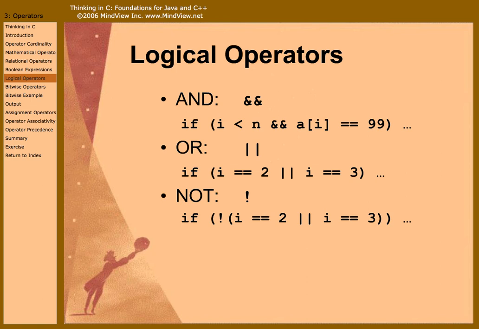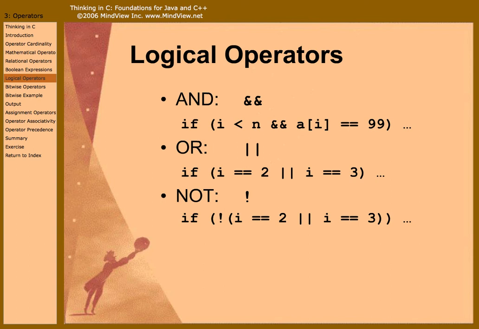Therefore, it won't even go on to evaluate the second expression, a sub i compared to 99. And that's pretty useful, because that allows you to test an element in an array without worrying about going beyond the bounds. Because if n is beyond the bounds of an array, you don't want to say a sub n, because that's accessing outside of an array's limits. So it's a pretty handy feature.